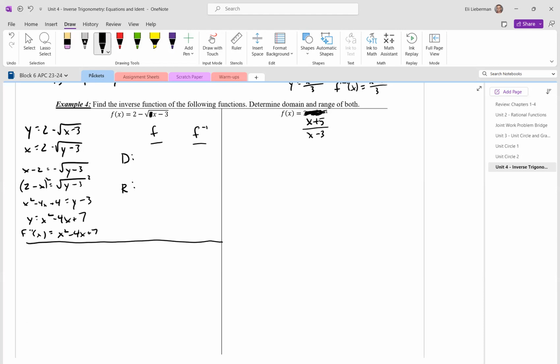Okay, let's talk about the domain of the original function. Did you already get there? I'd like to hear from Rihanna. What's the domain of the original function?